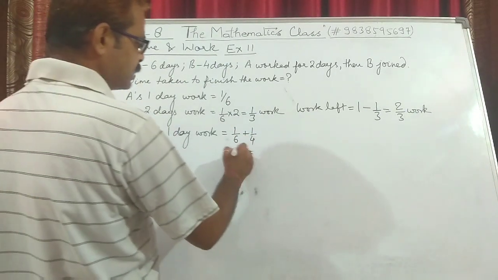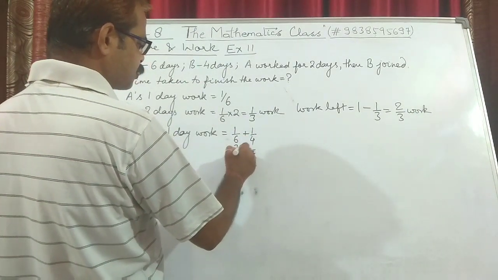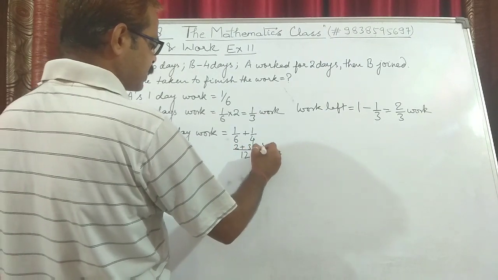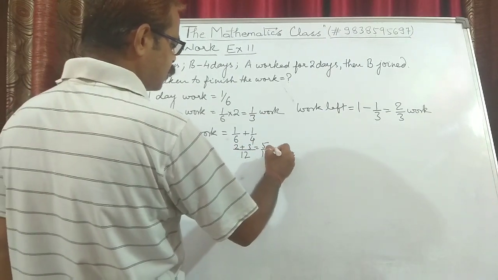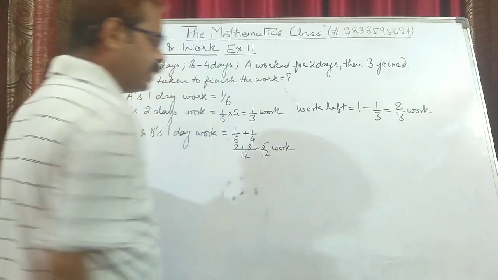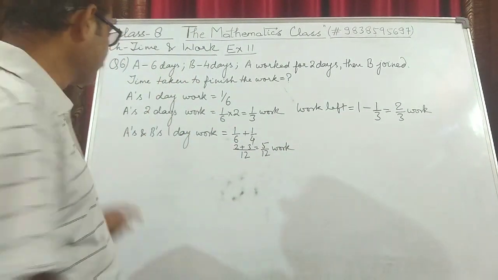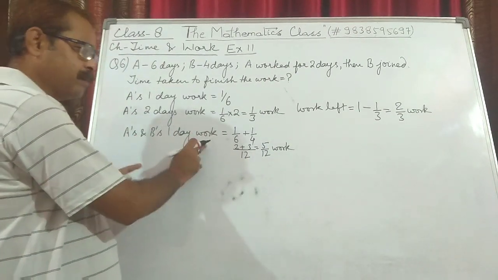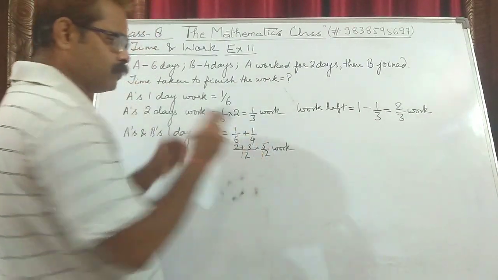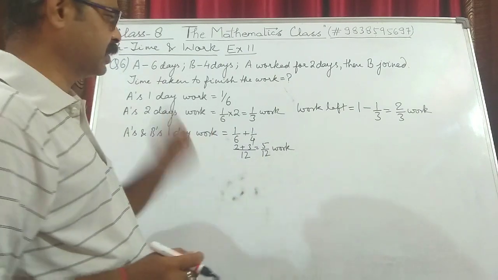When you solve, LCM will be 12, 6 2s are 12, 4 3s are 12, so that is 5 upon 12 amount of work will be done by A and B if they work together in 1 day. In 1 day, A and B will complete 5 upon 12 of the total work if they work together.